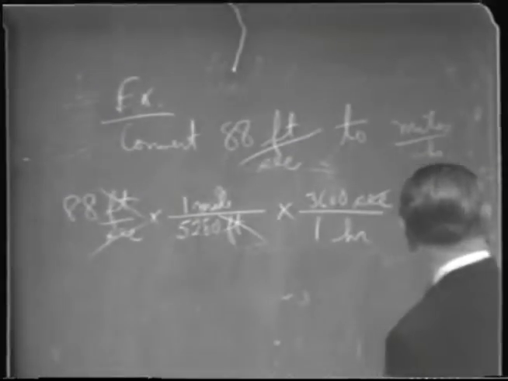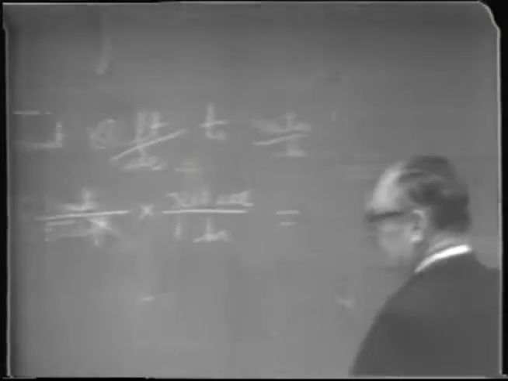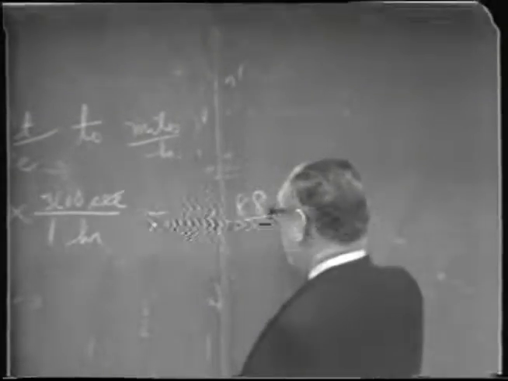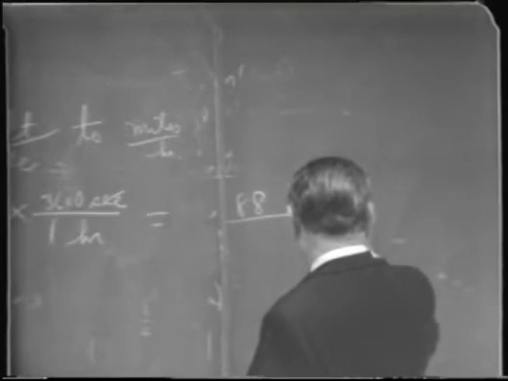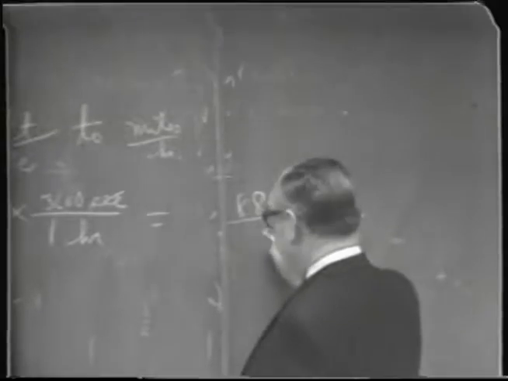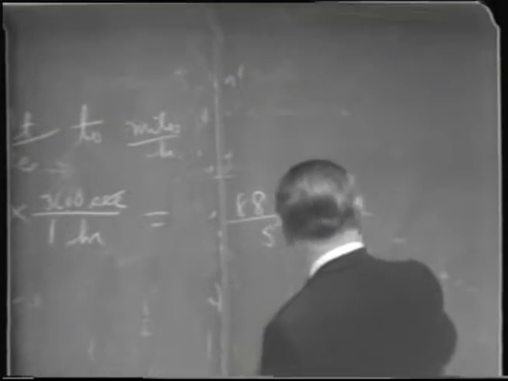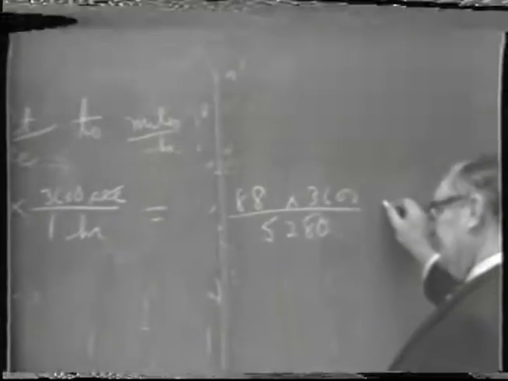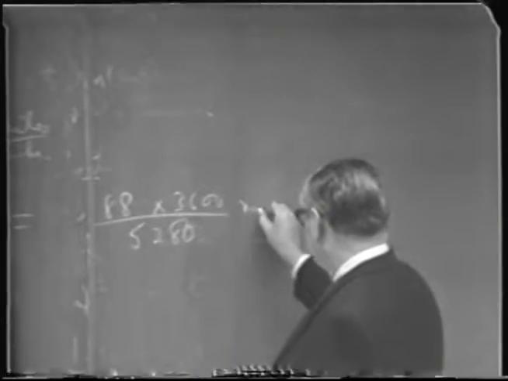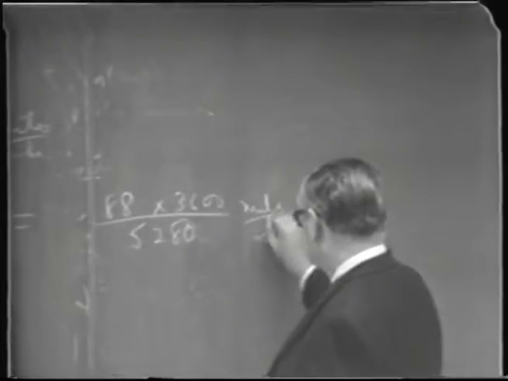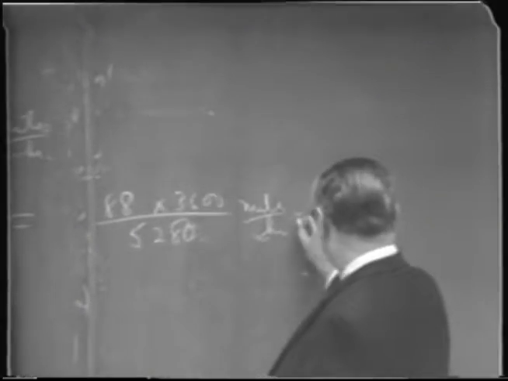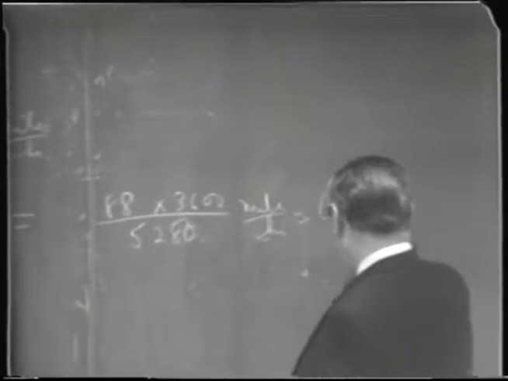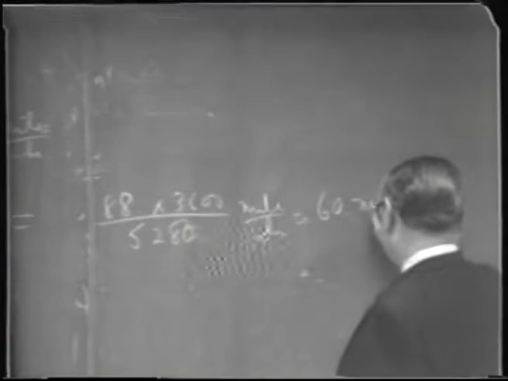So the answer is 88 times 3,600, divided by 5,280 miles per hour, which numerically is 60.0, 60 miles per hour.